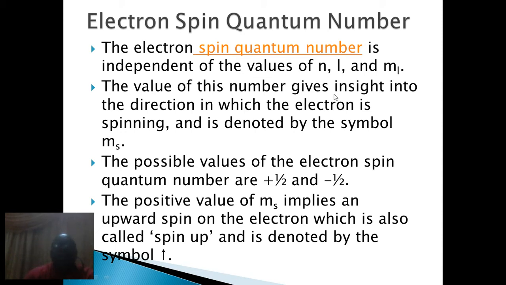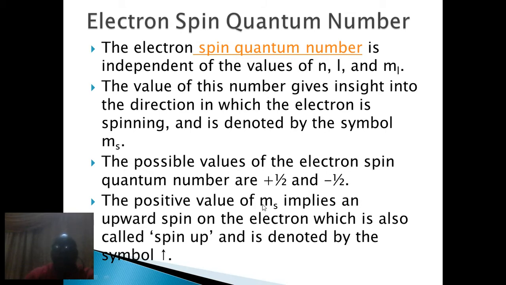The value of this number gives insight into the direction in which the electron is spinning and is denoted by the symbol m subscript s. In other words, the electron spin quantum number will tell you in which direction the electron is spinning. Is it spinning clockwise or anti-clockwise? That is what the spin quantum number tells us. And the possible values of the electron spin quantum number are plus half or minus half.